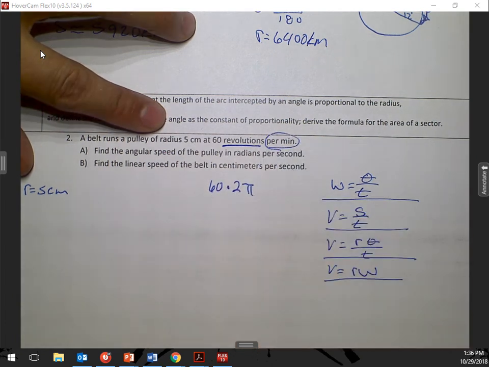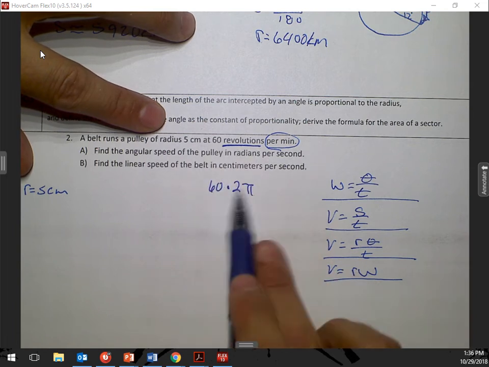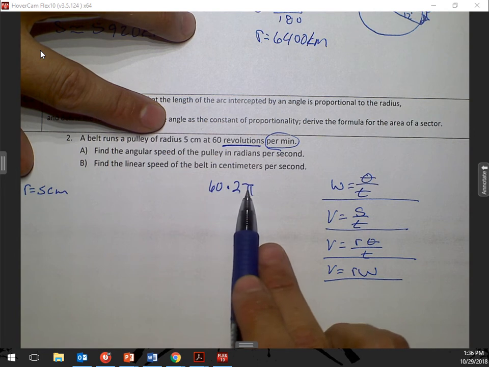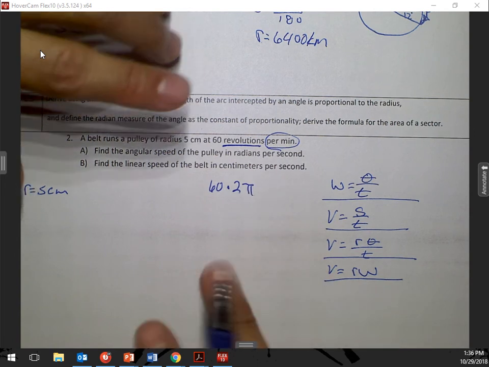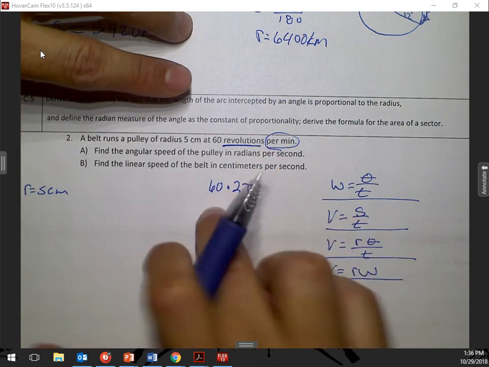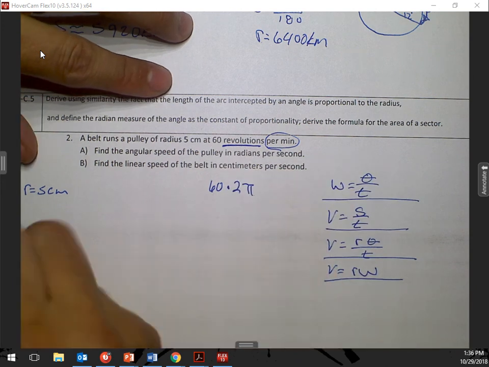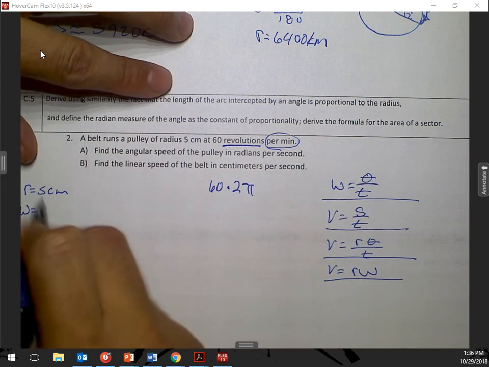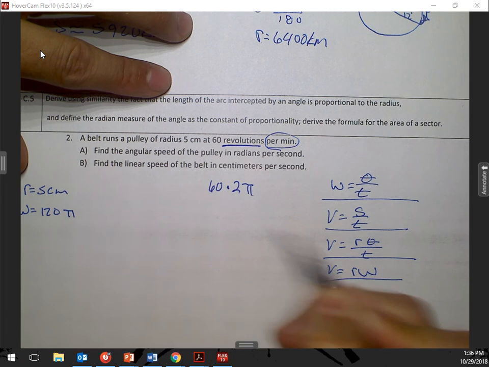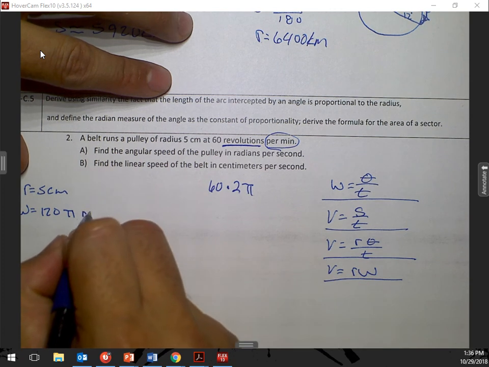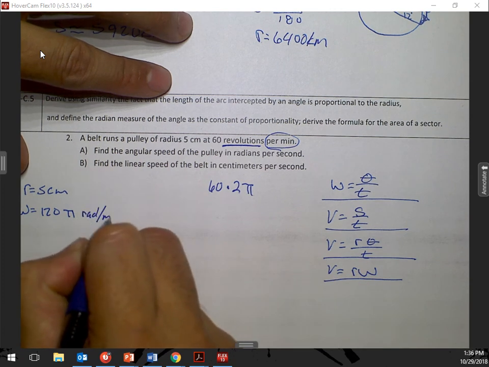So is this a speed? What type of speed is it going to be? Angular speed. Angular, because it's my angle, right? Angle's the 2 pi, right? Do we have to memorize all those? Yes, that's what I was just saying while you were having a conversation right there. All right, so W is equal to 120 pi, and that's going to be rads per minute.